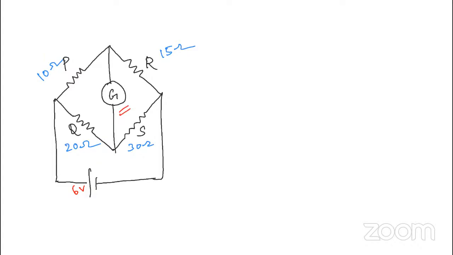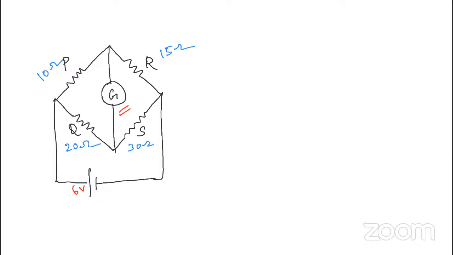If the circuit is in balanced condition, then in the Wheatstone bridge the expectation is that the current value should be equal to 0, that is IG equals 0. Here they are given only the galvanometer alone. They are not given the galvanometer's current or resistance value.